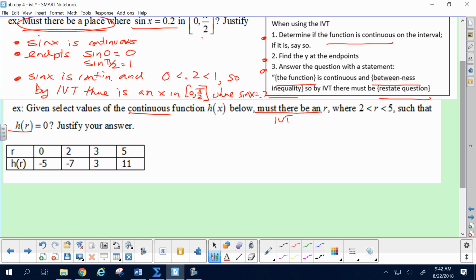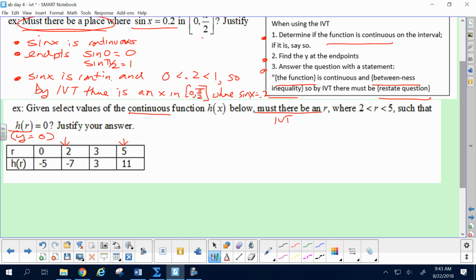So I'm trying to find, does there have to be a place where y is 0? Between x of 2 and x of 5? Now, here's r of 2, and here's r of 5. What do the y values go from and to?